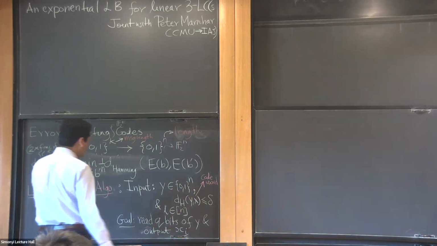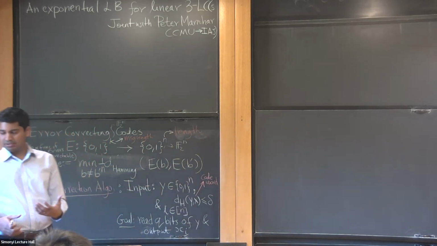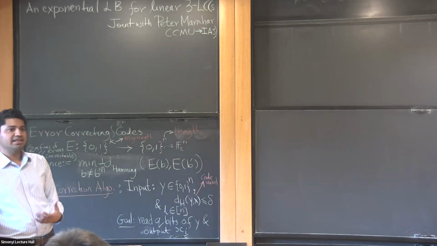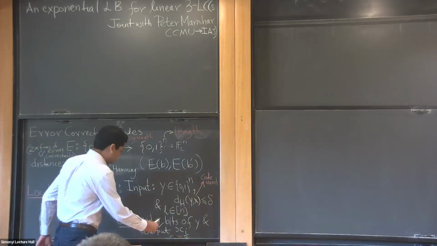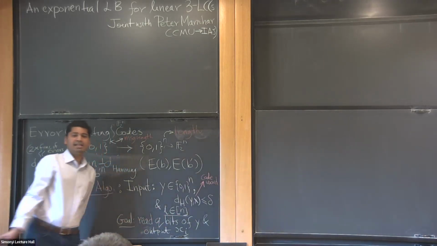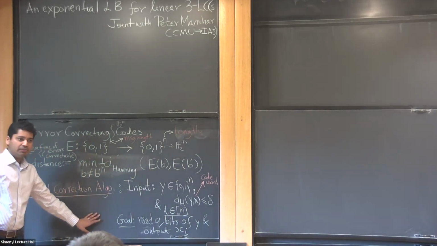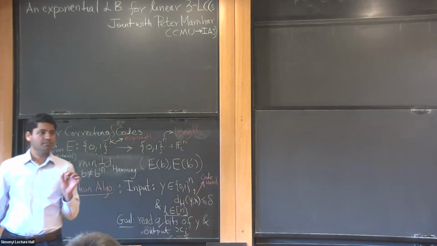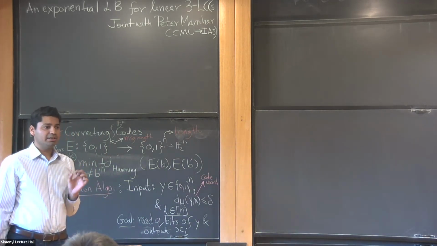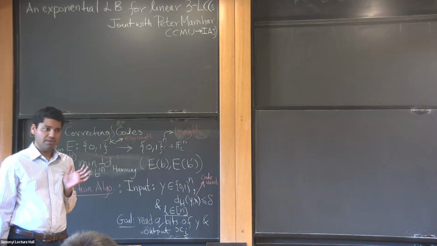Think of taking a delta corruption of X, which means taking any point Y which, in a normalized Hamming distance sense, is at most delta away from X. In addition, the algorithm also takes as input a coordinate index i. So, tell me the ith bit, okay? And the goal of the algorithm is to take Y and i as input and correctly determine X sub i, the ith bit of the true uncorrupted original code word X, okay?